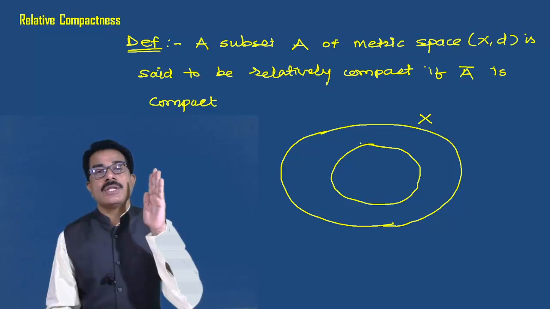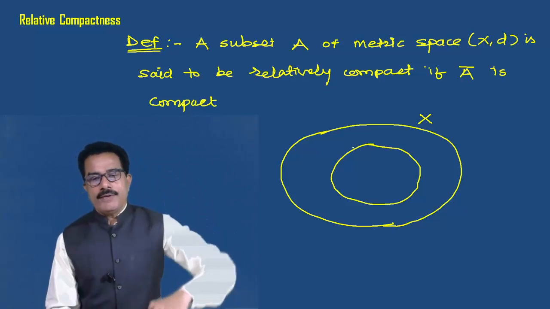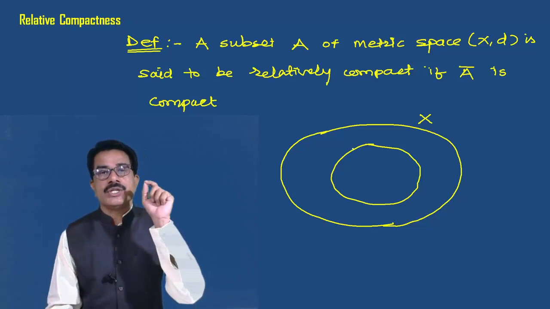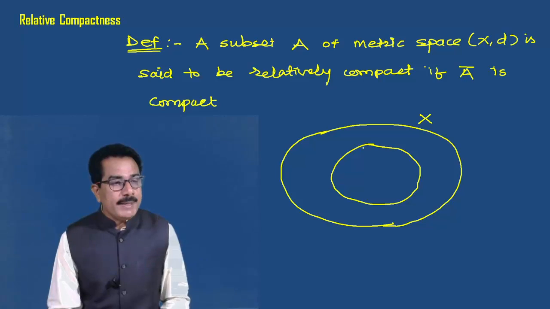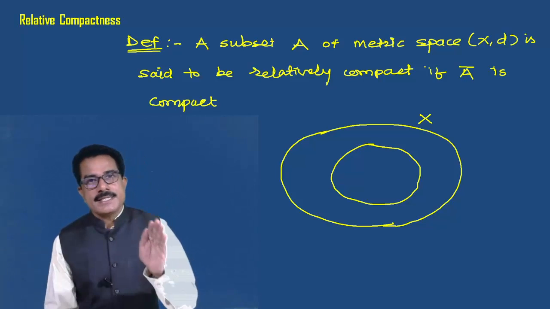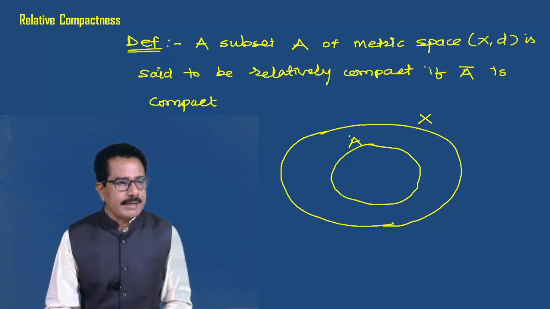A bar means the closure of A. What is meant by the closure of A? The closure of A means the set which includes its limit points. If the set A has limit points, suppose this is A bar which includes the limit points, and this is A.